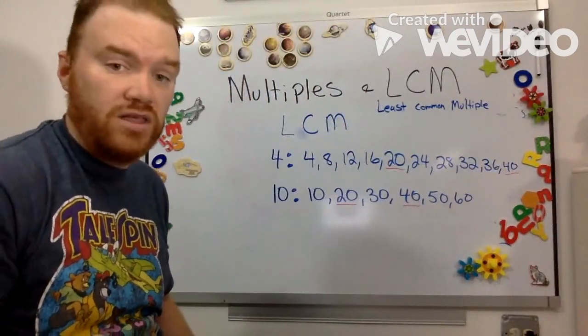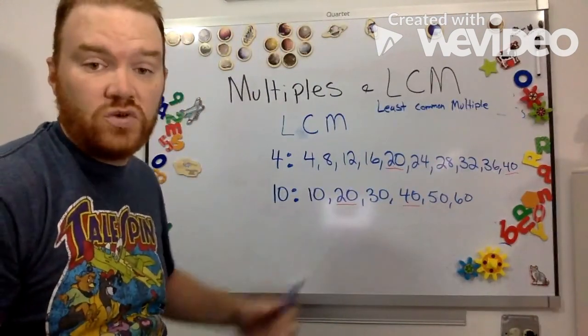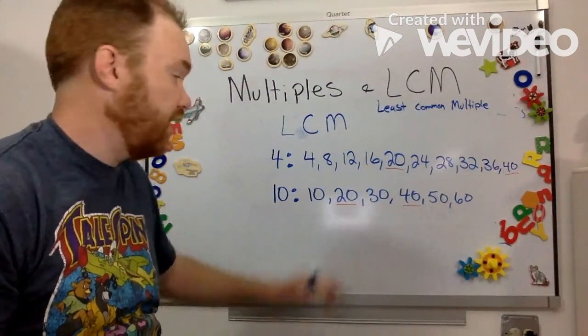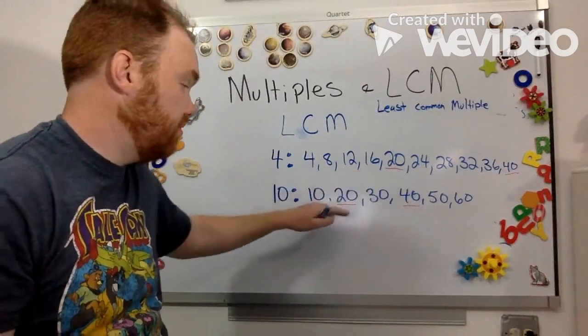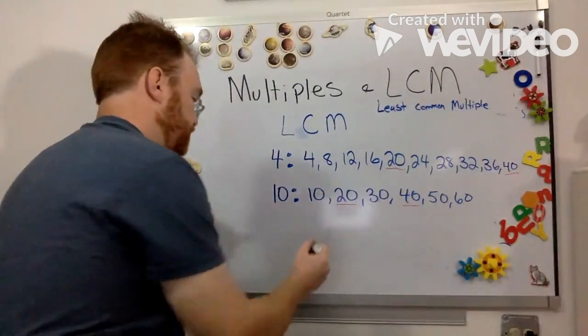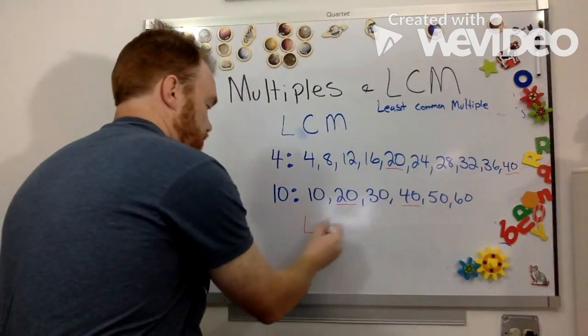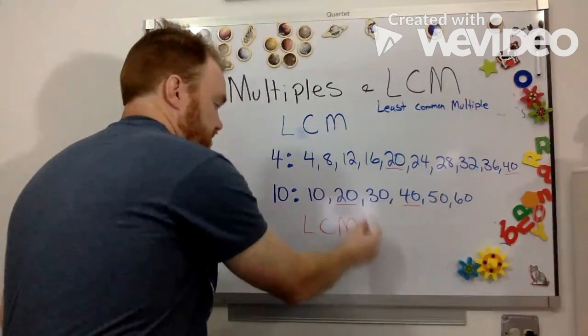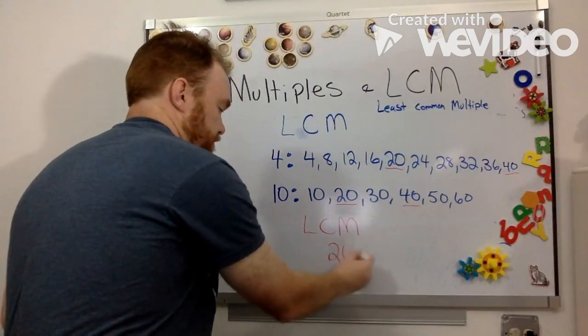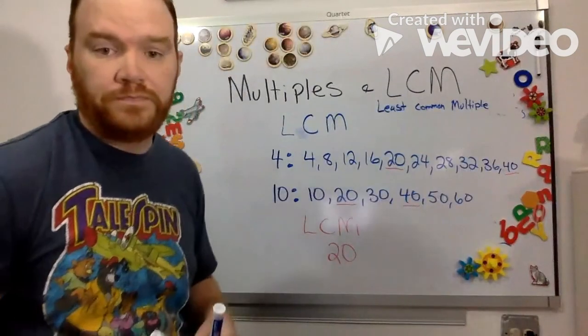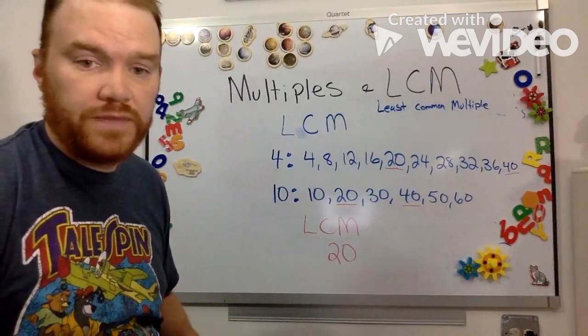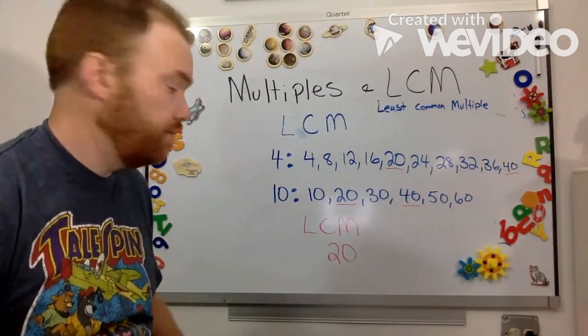It's not the smallest multiple that the two lists have in common. So 20 is my least common multiple. The LCM is 20.